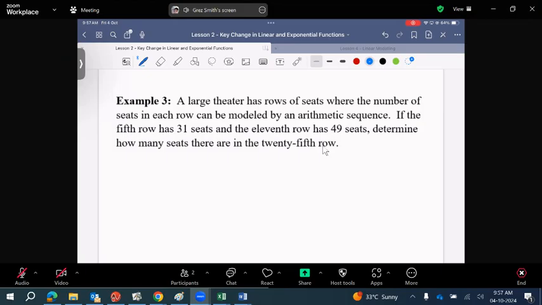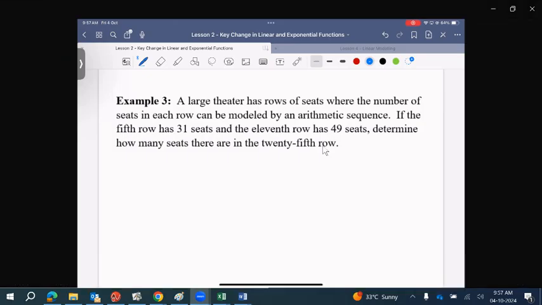All right, so let's extract our information. Here in the question, we're told that the 5th row is 31, so that means that A5 equals 31. We're told that the 11th row is 49, so A11 equals 49.